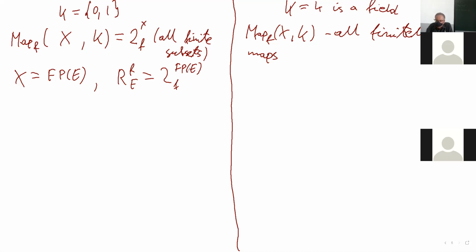Of course, I know that I constructed this RFE, where E is a graph, as the set of all finite subsets in the set of all finite paths in E. But I have to make sure that this identification between the set of all finite subsets and all finitely supported maps into the two-element set is natural. And we already did it without caring about finite support.